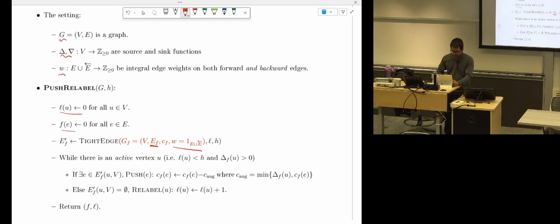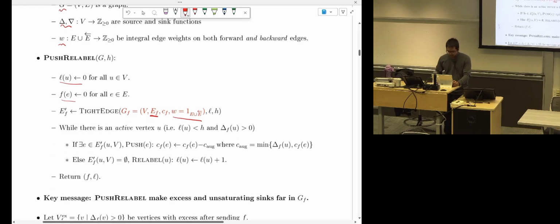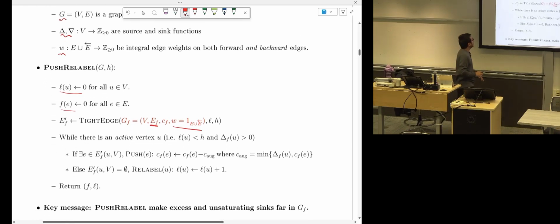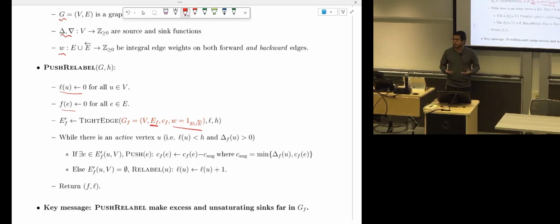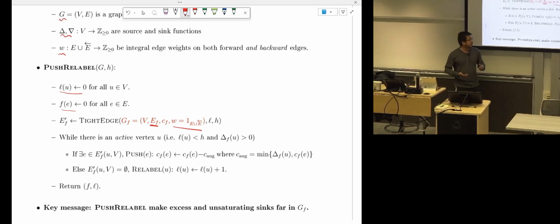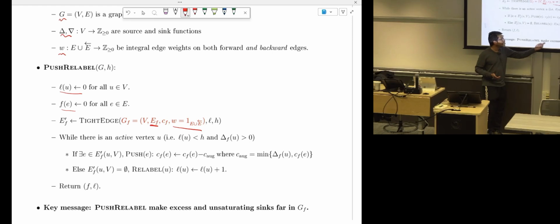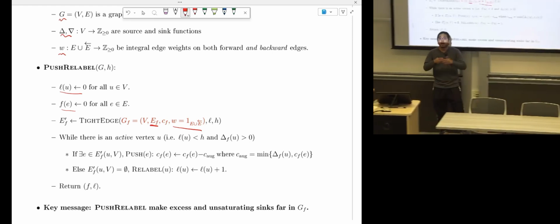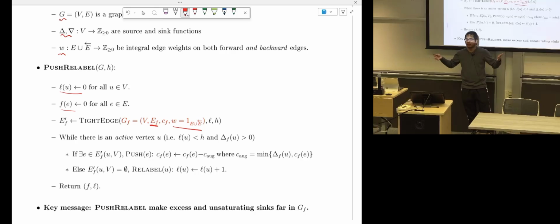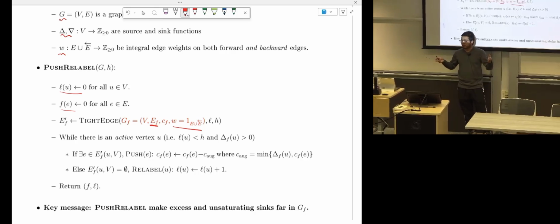And the key point of this: if I say in one sentence what push Relabel is trying to do, it tries to make excess and unsaturated sink far away from each other. In what graph? Not in the original graph, in the residual graph.